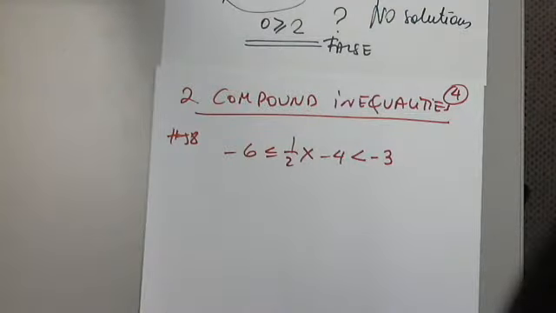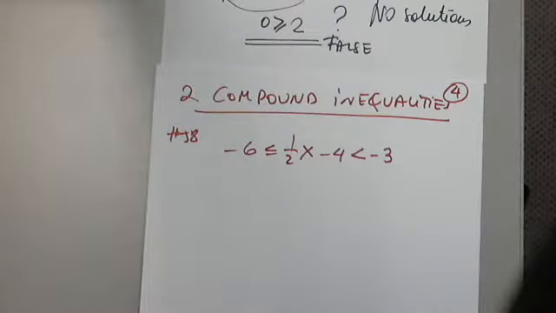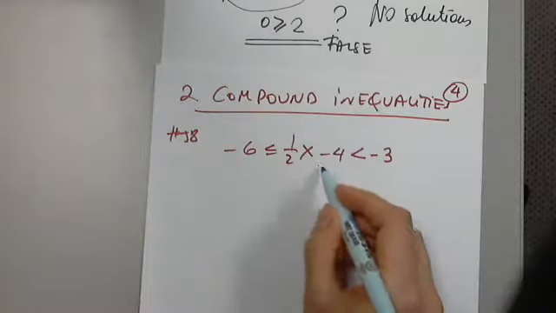Okay, we're after x. We want to solve for x. Any suggestions on how to start? What do we have to get rid of first? -4. Very good. This is what I need to get rid of.